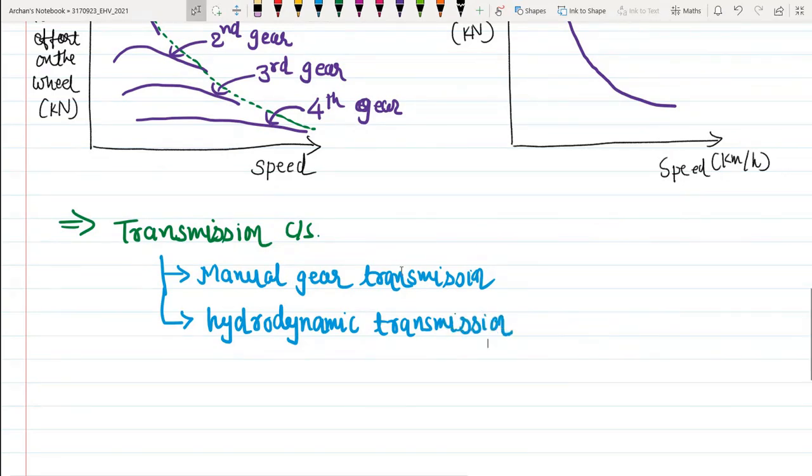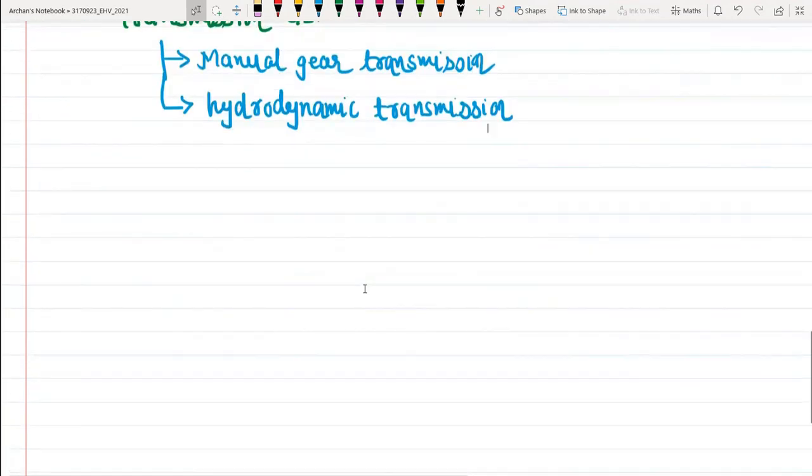Talking about the manual gear transmission, it consists of clutch, gearbox, final drive and drive shaft, which we have already seen in the last lecture. The final drive has a constant gear reduction ratio, or you can say differential gear ratio.